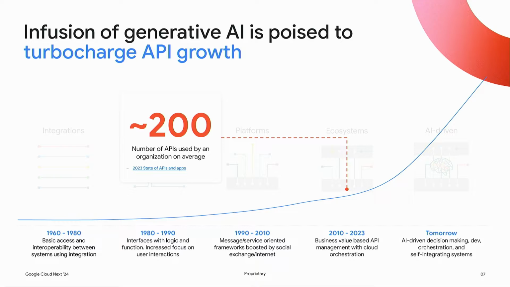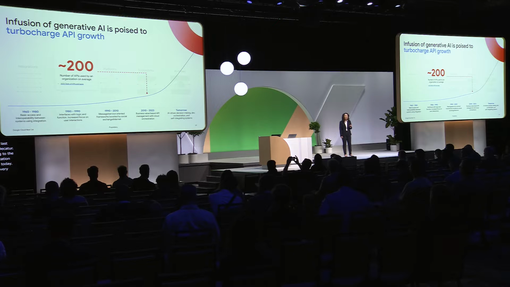So from e-commerce to mobile apps to cloud computing, API has been the building block for digital transformation for the last decade and probably two decades or so. According to research, the average organization manages about 200 APIs today. We see that time to delivery will be accelerated because AI can generate code faster than I can, for sure, and faster than the current pace of the application development cycle.